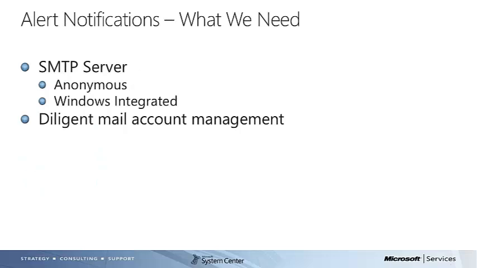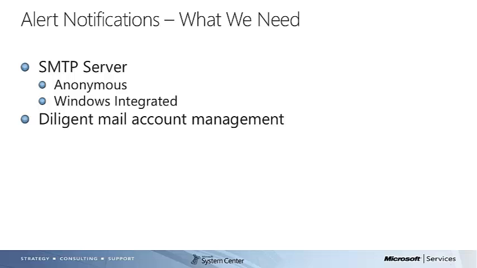So what's needed to configure an alerts notification? Basically, you would need an SMTP server, which could be set up to authenticate via anonymous or Windows integrated. You also want to make sure that you're diligent in who is receiving those alerts via email.